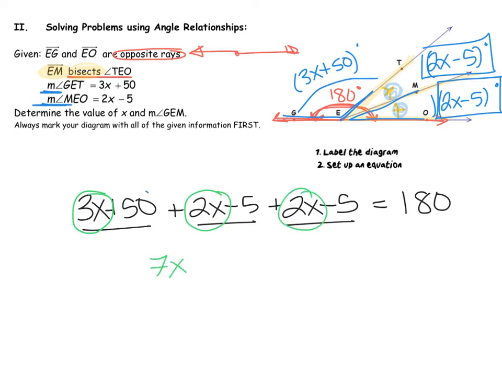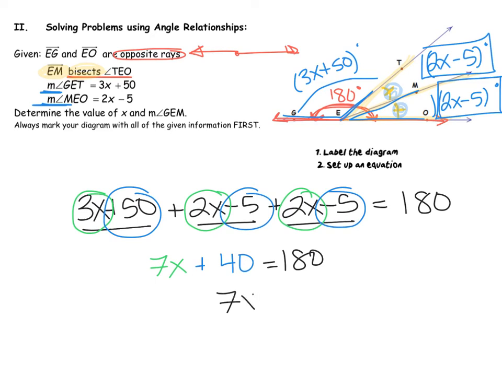I'm going to group my numbers. 50 minus 5 gives me a positive 40. And on the other side, I still have 180. I'm going to subtract 40 from both sides. So I get 7x equals 140. And then I'm going to divide each side by 7. So I get x equals 20.